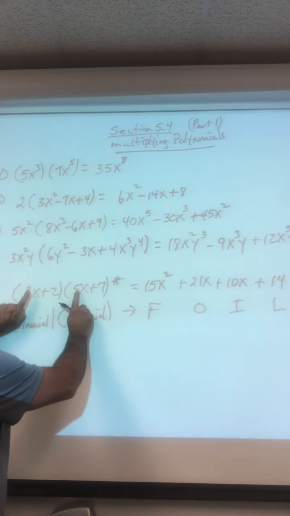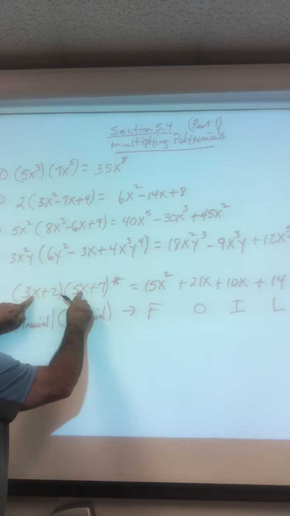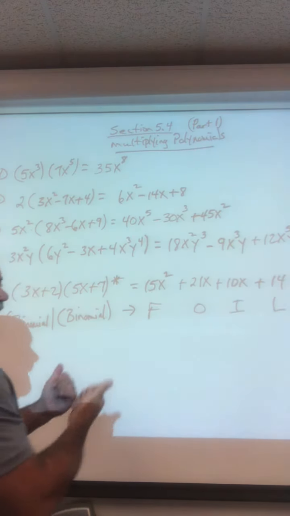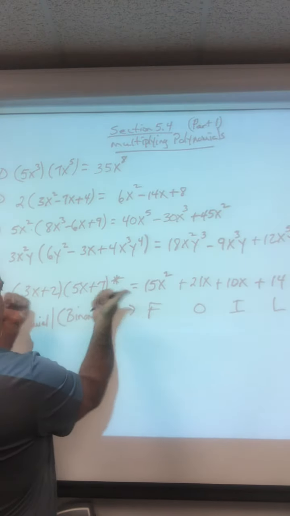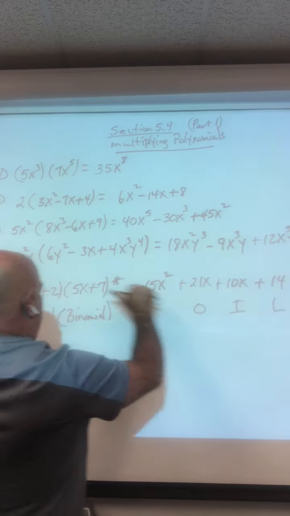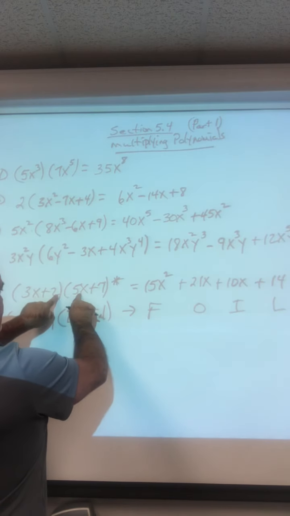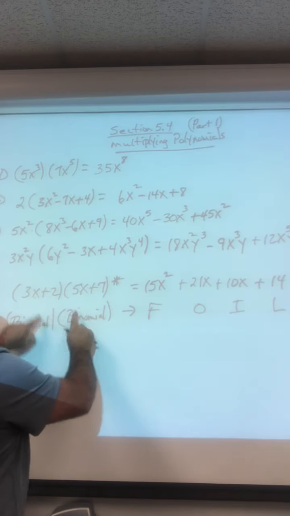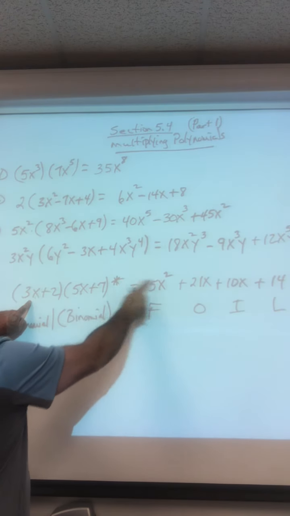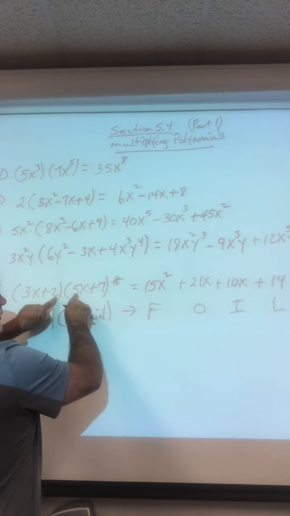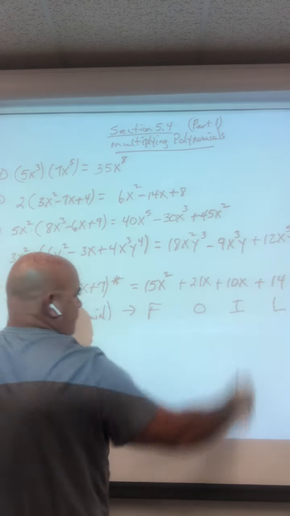So if you multiply the first 2 together, this one times this one, you get that. The letter O stands for the outside 2. So the outside 2 would be these 2. The letter I stands for the inside 2. And the letter L stands for the last 2. So first, outside 2, inside 2, and then last 2.